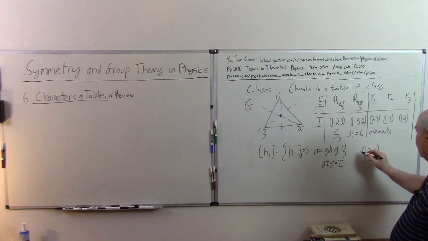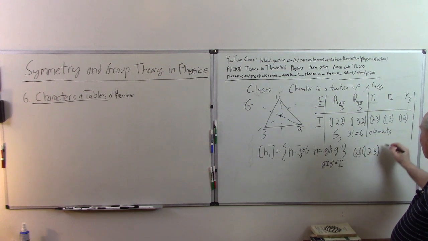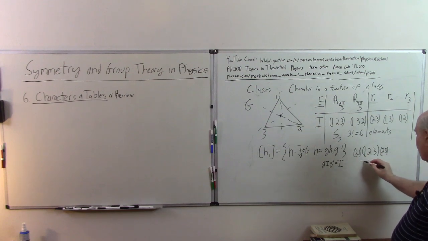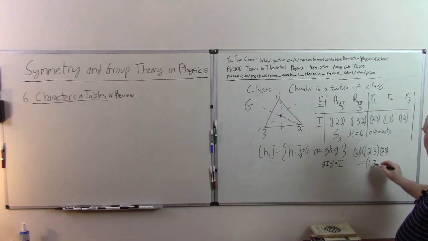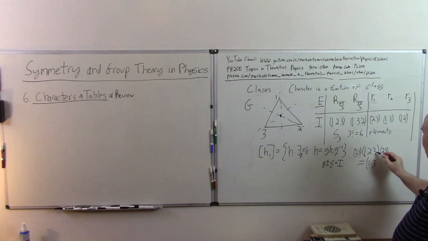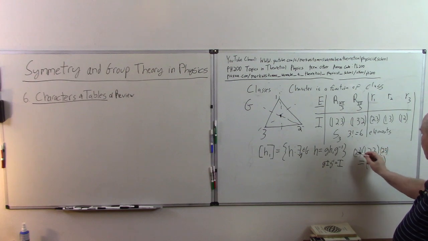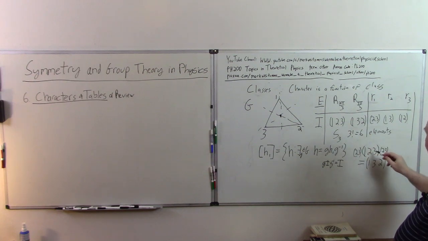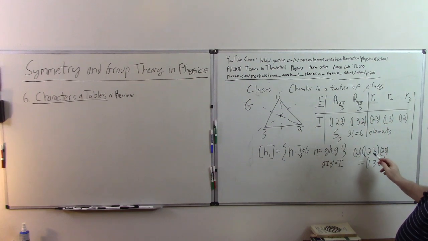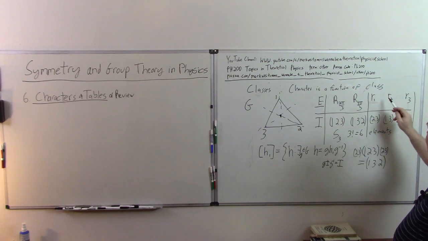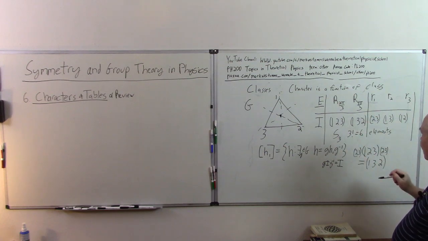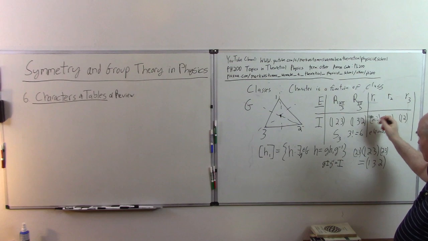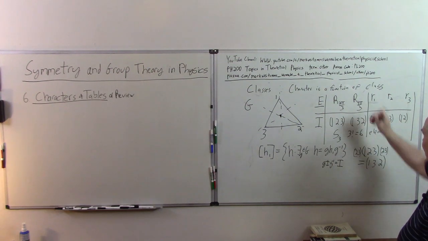You could take (2 3), and then (2 3) inverse, which is the same as (2 3), and do this multiplication. You'll find 1 goes to 2, 2 goes to 3, 3 goes to 1, and so on. So under R1, this element goes to this element. If you were to do R2, you'd find the same thing, and R3, you'd find the same thing. And if you did an element in the group, you would also see that it stays within the class.